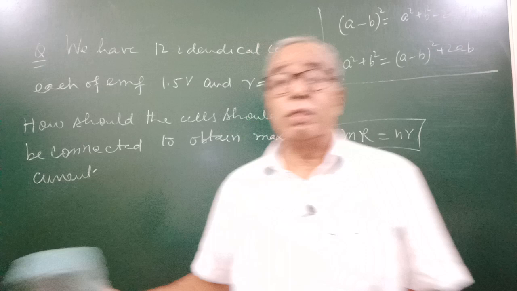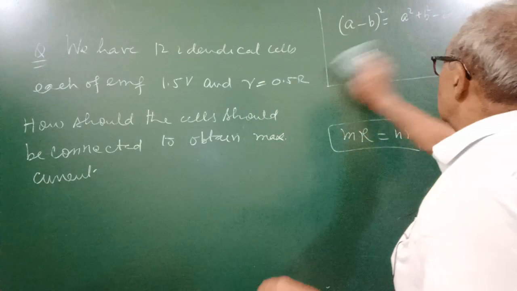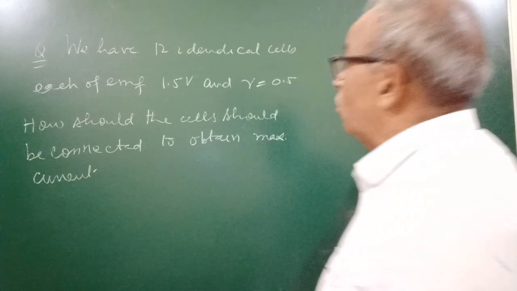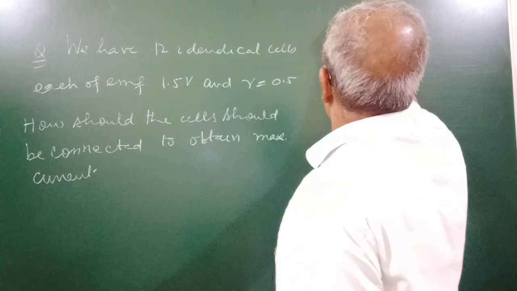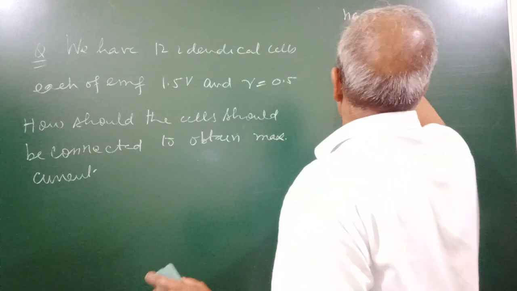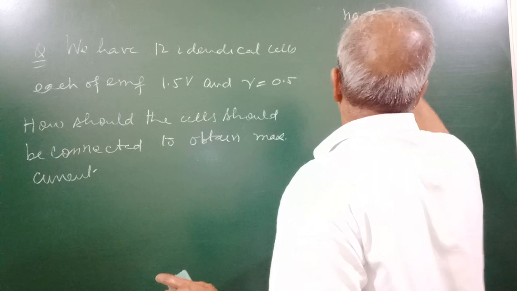So here you will check all the conditions: series, parallel, mixed. We know if we connect 12 cells, number of cells 12, small r 0.5 ohm, capital R 1.5 ohm.